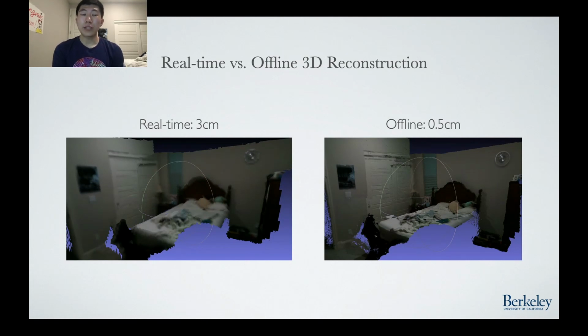These screen grabs here depict the difference between real-time and offline reconstruction quality. The image on the left, taken from a 3D reconstruction run at a resolution of 3 cm, exhibits many of the weaknesses of the Marching Cubes algorithm. The surfaces of the scenes are very blocky and have imprecise geometry.